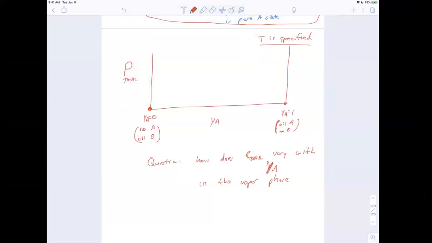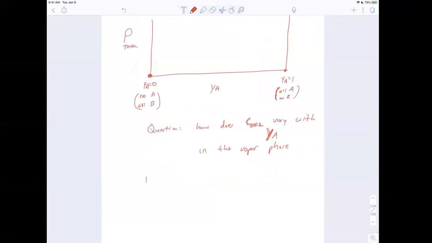continue. So P total, since we have ideal gases, is just equal to the partial pressure of A plus the partial pressure of B, because we have ideal vapor. Okay, and that's why it's important to have these stipulations. They allow us to move forward.